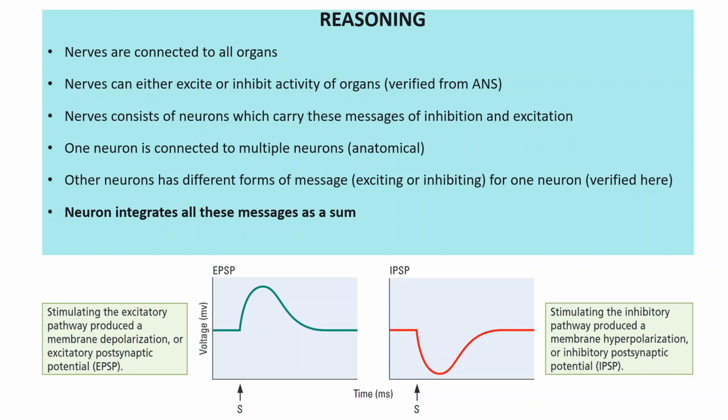They work in opposite directions, and that's why they're excitatory and inhibitory. On a meta level, they work as the sympathetic and parasympathetic systems. And one neuron can act as inhibitory or excitatory depending on the sum of all the messages received from all the other different types of neurons.